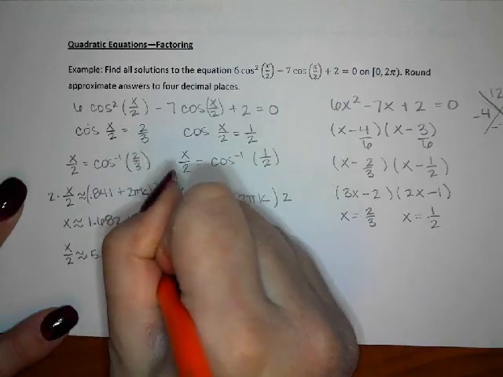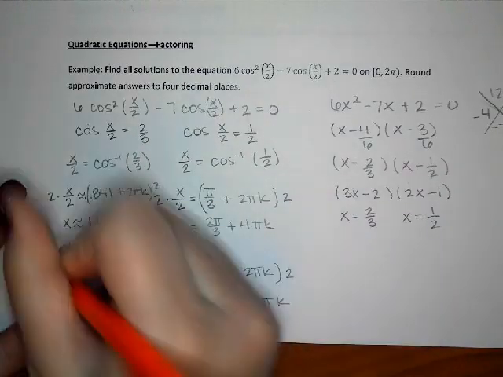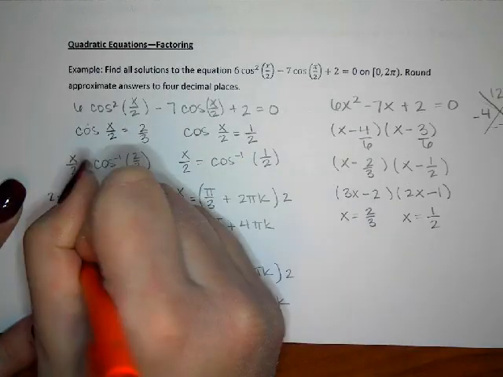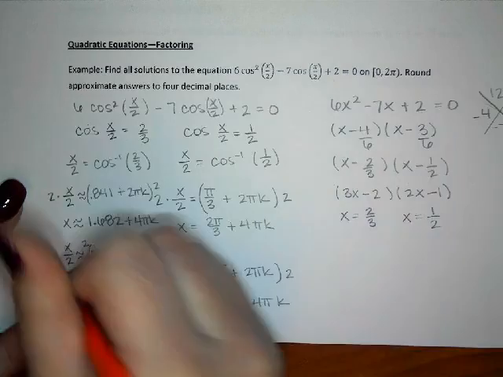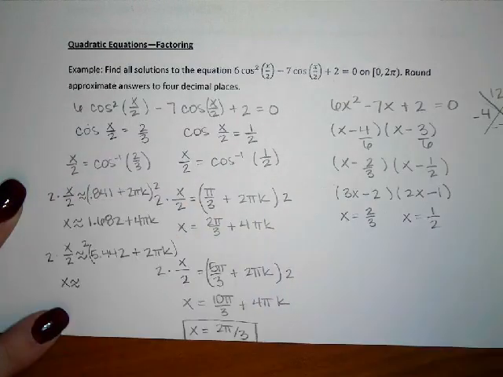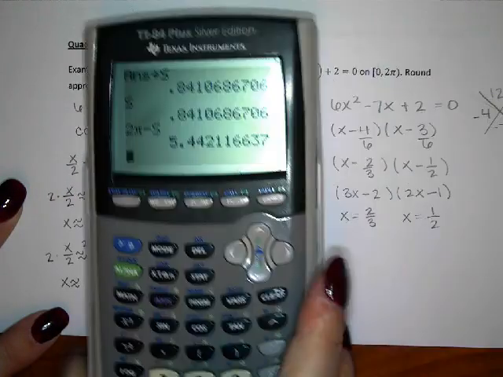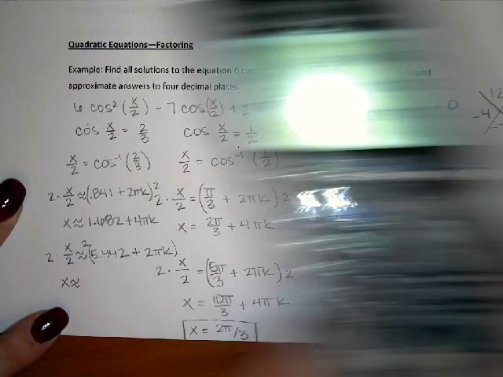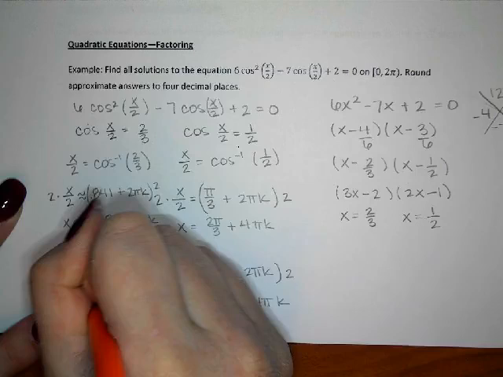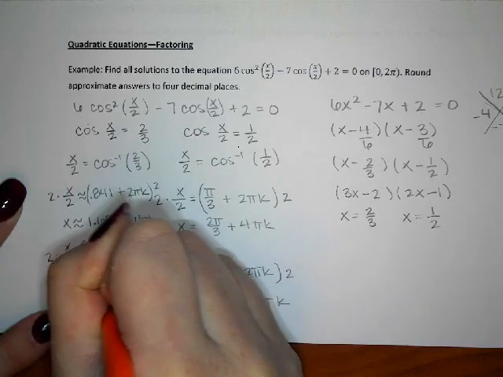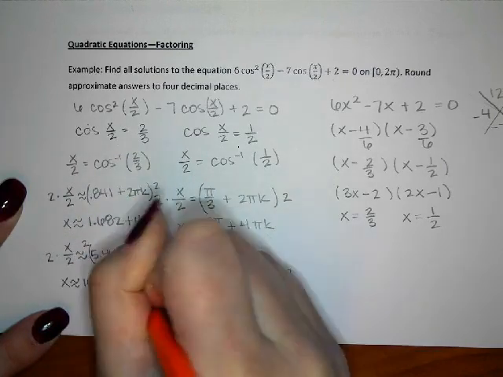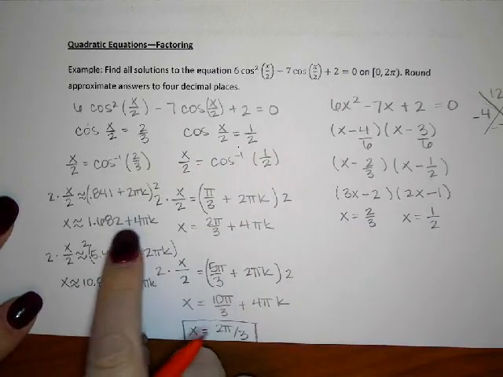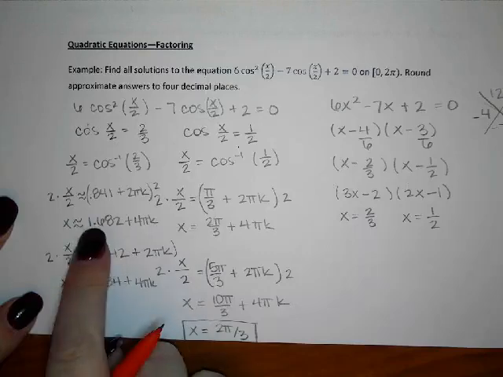And then I'll go ahead and multiply by 2. And here I can just take that decimal and double it, 10.884 plus 4 pi k.